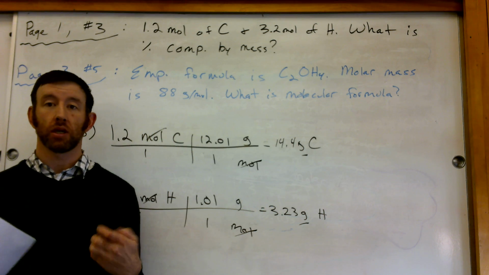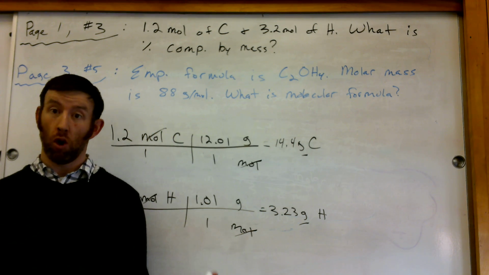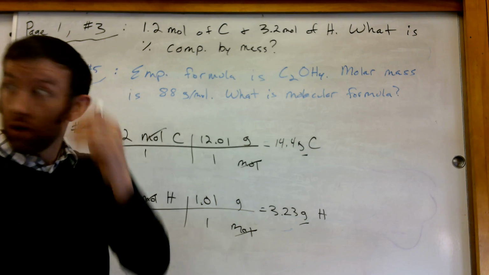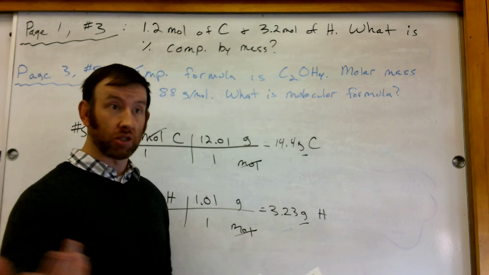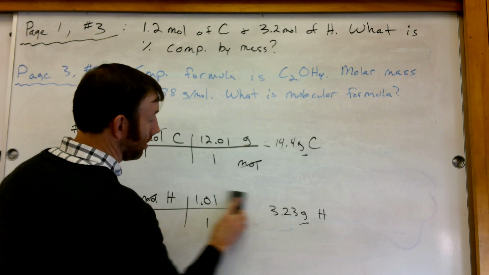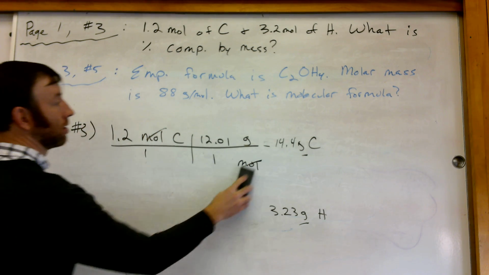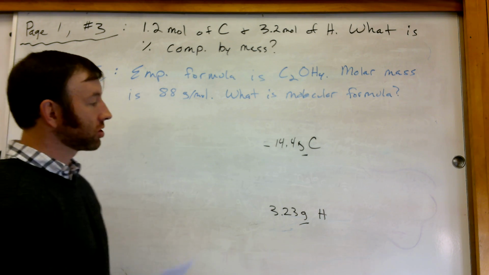So I'm in grams. Now I can do my percent composition. Remember, percent composition is just a part divided by a whole. So I want to know what percent carbon I have and what percent hydrogen I have. So I'm going to set it up just like this. I'm going to leave those numbers up there for reference. I'm going to erase my work here. So I have those amounts in grams.